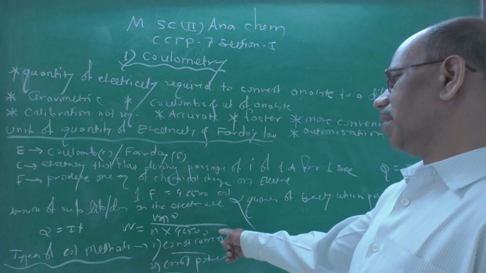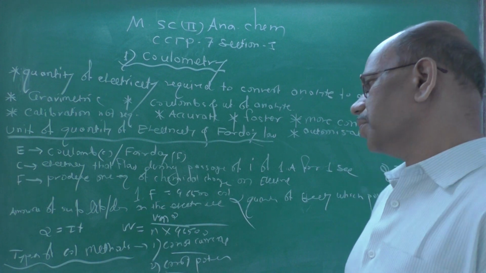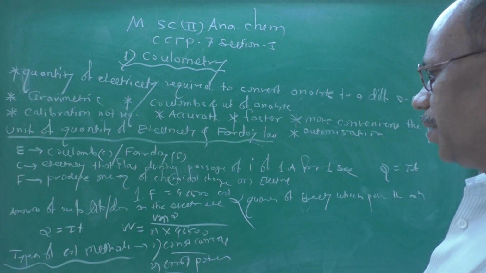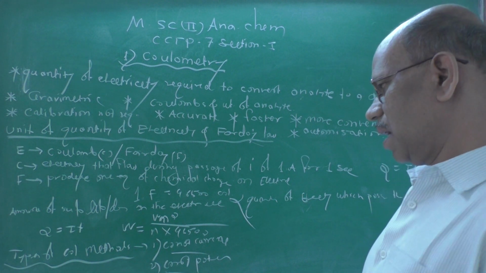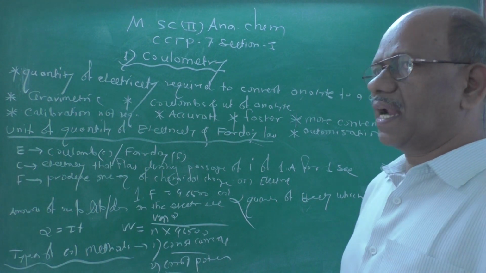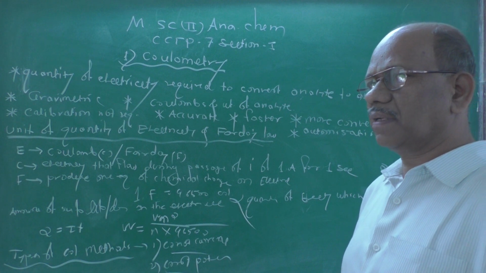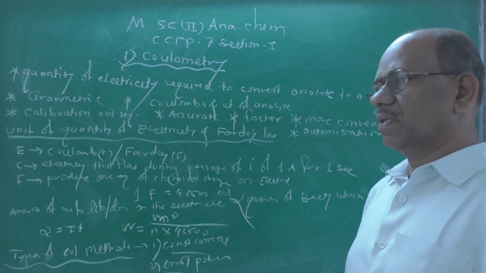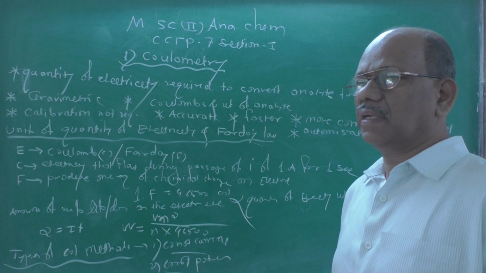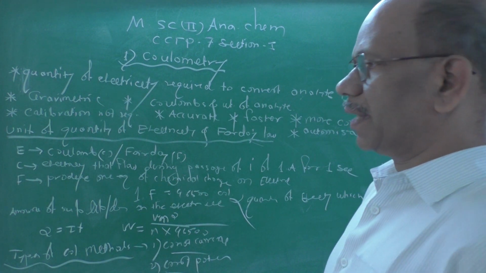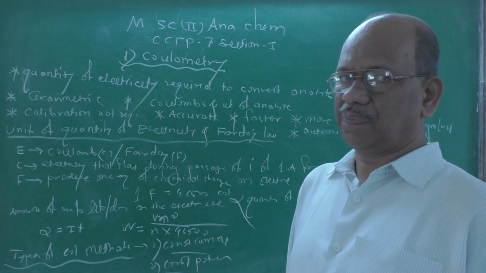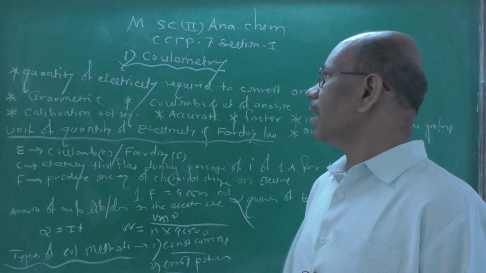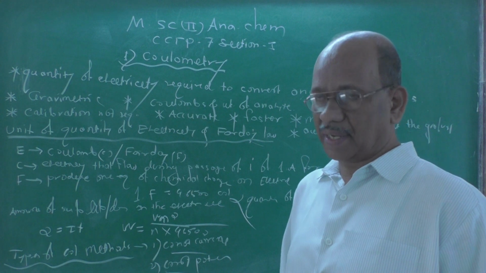Then the Faraday's first law expression, W is equal to Wm multiplied by Q divided by N multiplied by 96,500. There are two types of coulometric method: coulometric method at constant current and coulometric method at constant potential. So it is my first lecture on coulometry.